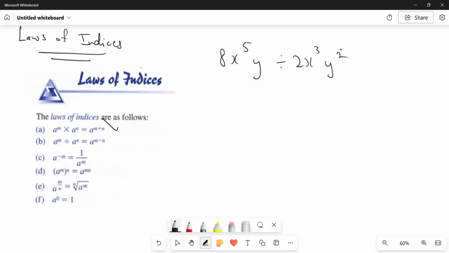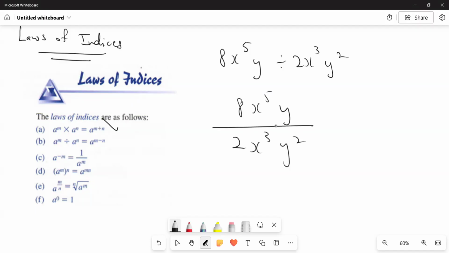So we can write that like this: 8x to the fifth power y over 2x cubed y squared.